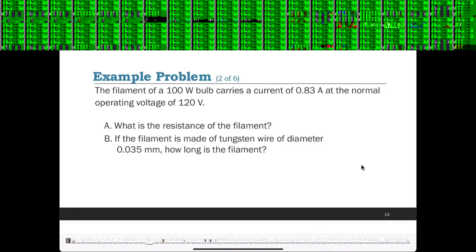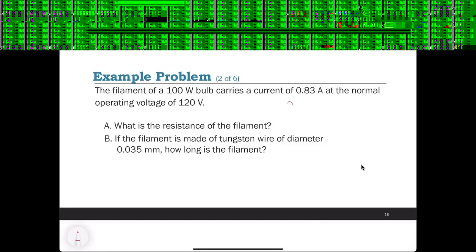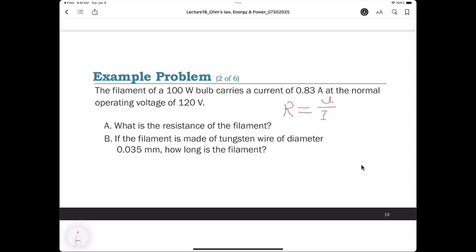And if the filament is made of tungsten, with this diameter, how long is the filament? We can use the equation: the resistance equals V divided by I. V is 100, and I equals this value, and then you can calculate the resistance.